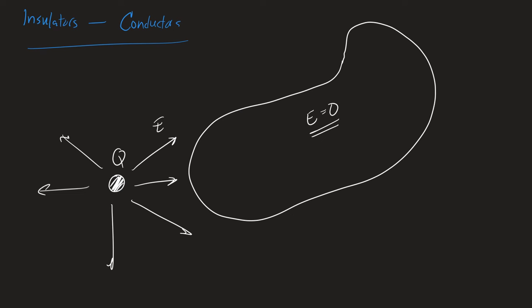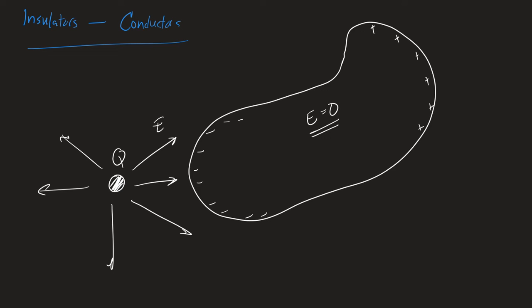What will happen is the charges that are available on the conductor will rearrange themselves so that the electric field inside the conductor remains zero. This is a powerful effect in all of electrostatics. So in the case of this particular problem, negative charges from all around this conductor will move towards the positive charge that's outside, revealing positive charges on the other side of the conductor.